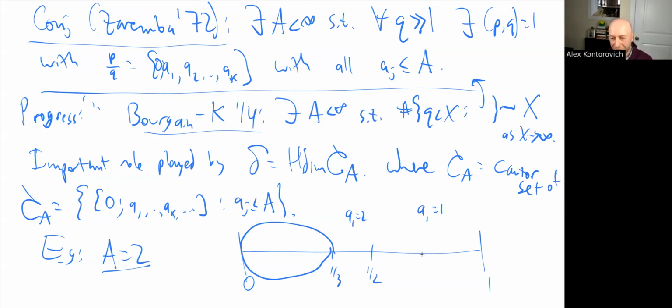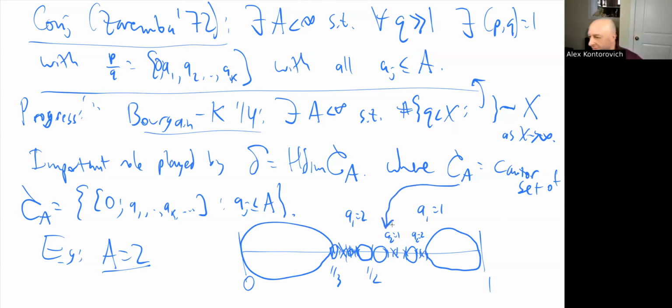Then you go to the second partial quotient, and somewhere over here is a region where A2 is equal to 1, and then another region where A2 is equal to 2, and then this entire range needs to be cut out. And similarly for this partial quotient. And so on. And you continue in this way, cutting out more and more intervals. And what's left at the end, the set of points that remain after everything is removed, that's the Cantor set C_2. Okay, does that make sense?